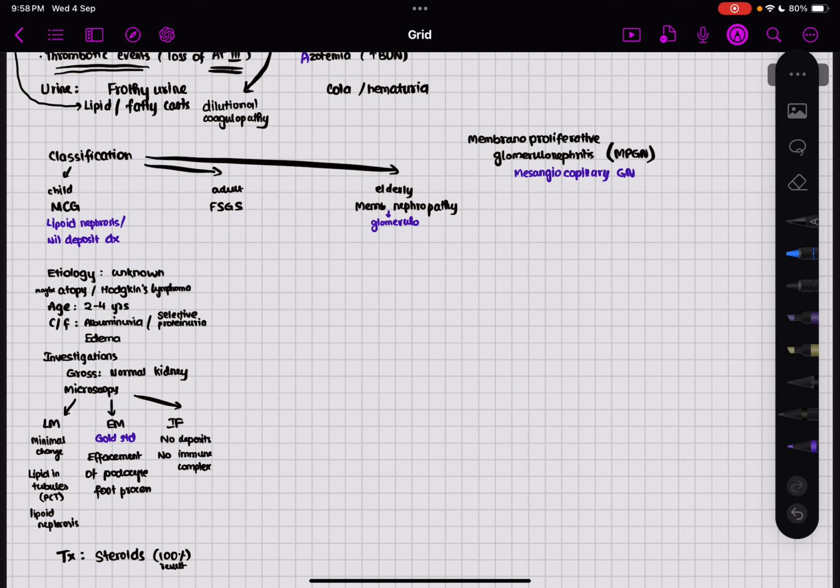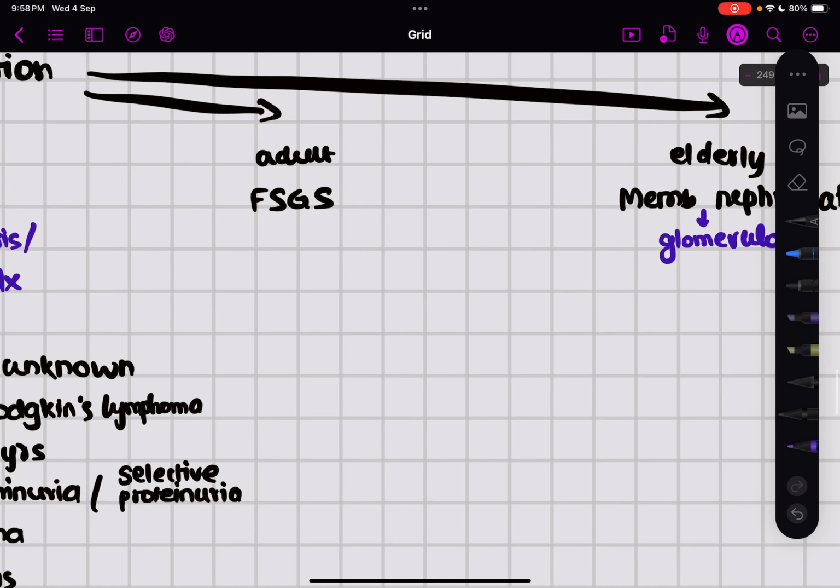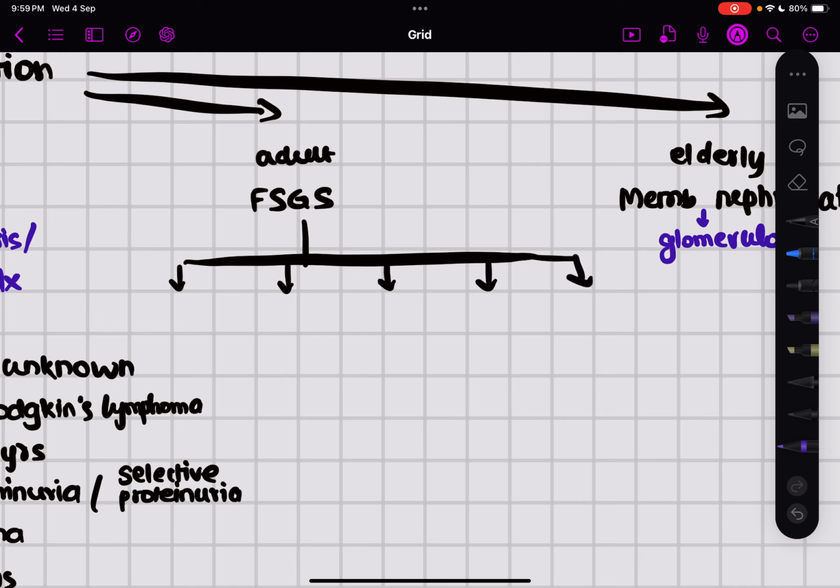With this, we move on to focal segmental glomerulosclerosis, which occurs in adults. It can be classified into 5 types based on the Columbia classification.